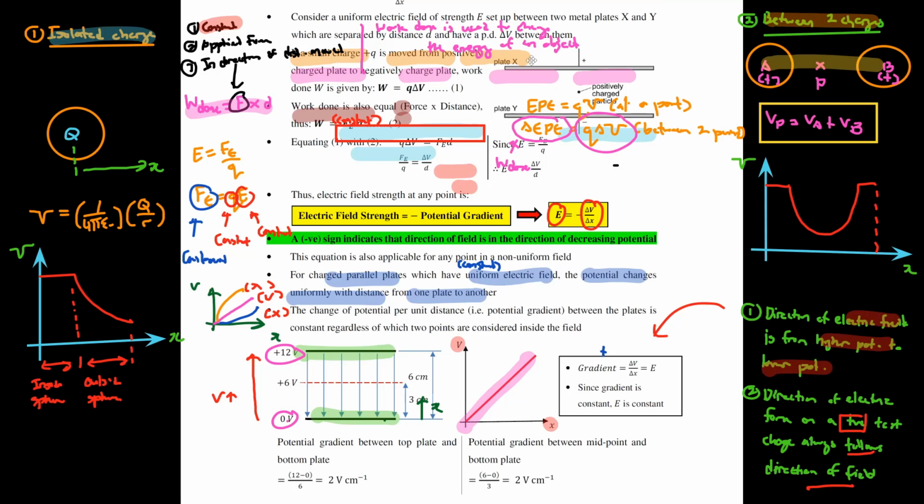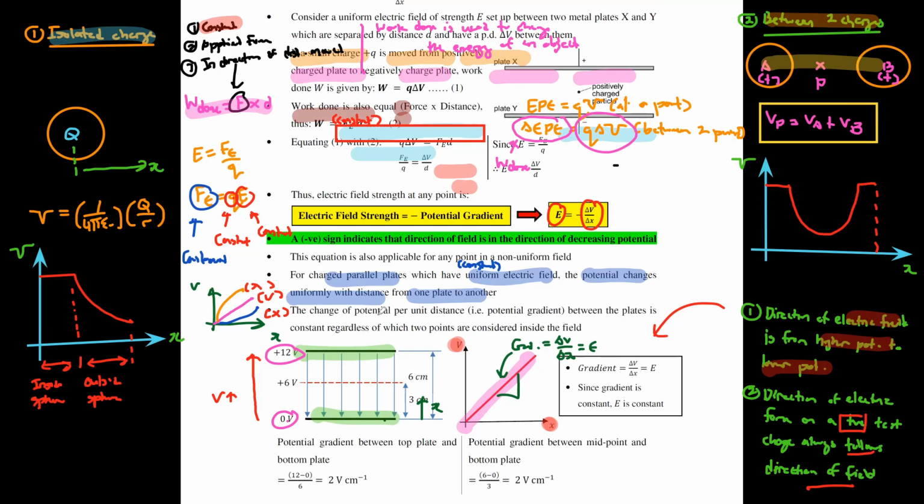Now, if you look at the graph of potential versus distance, like this one here, the gradient of your graph, meaning to say this one, is going to be delta V over delta X, isn't it? So delta V over delta X is actually your field strength, okay?